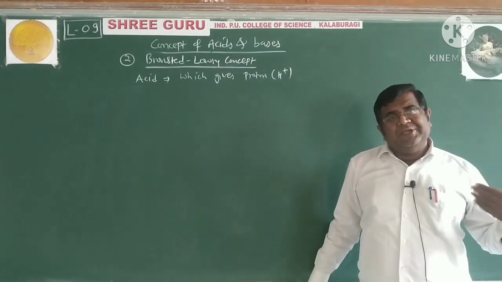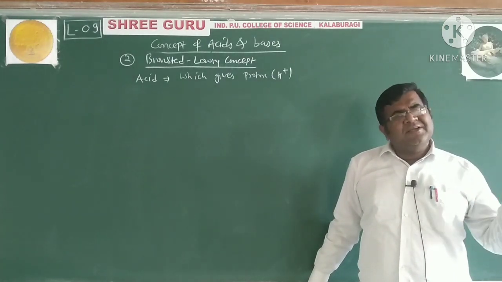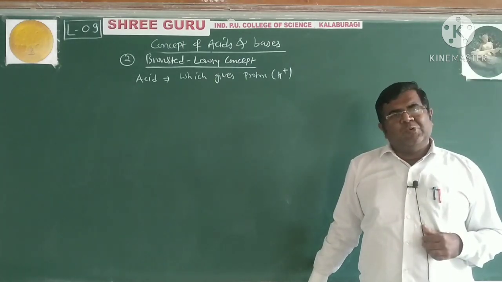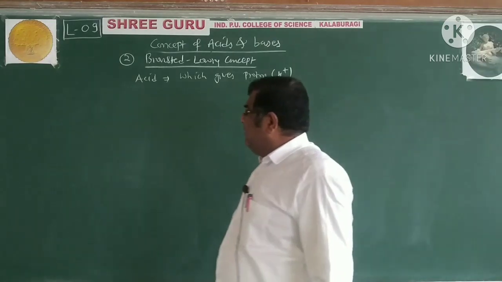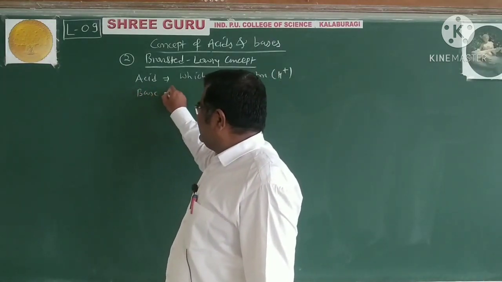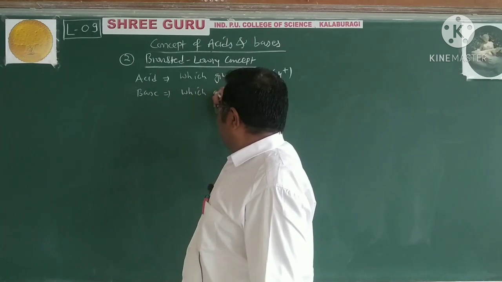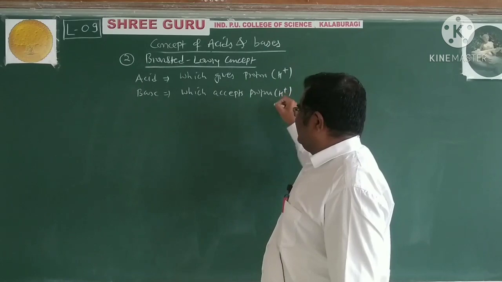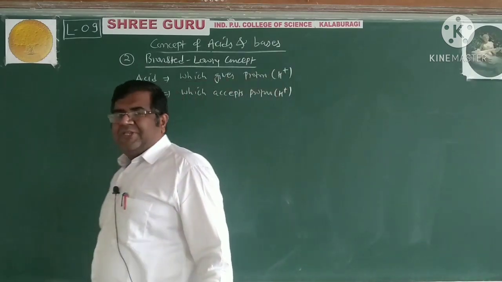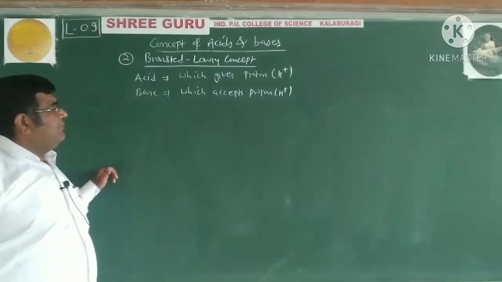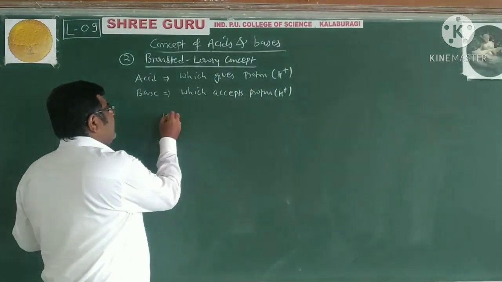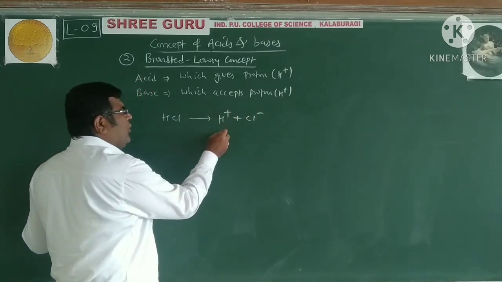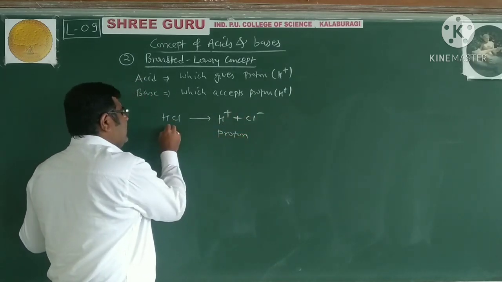So this is more superior. Superior means it includes more acids, because the aqueous medium condition is no more valid for this. And a base is a substance which accepts a proton or H plus ion. Very simple definition that Bronsted-Lowry has given. HCl, if it gives a proton, then it is an acid.